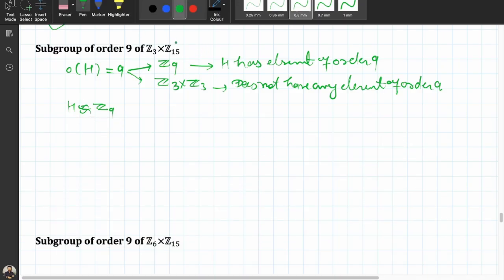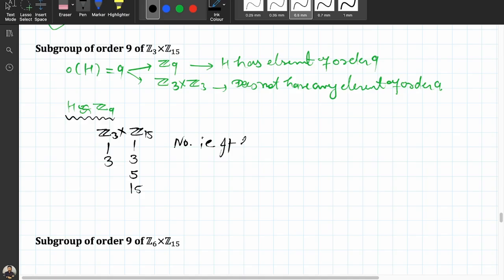If it is a subgroup, the necessary condition is that Z3 cross Z15 should have an element of order 9. Divisors are 1, 3 for Z3, and 1, 3, 5 and 15 for Z15. Does any pair have LCM 9? No. It means that it has no element of order 9.